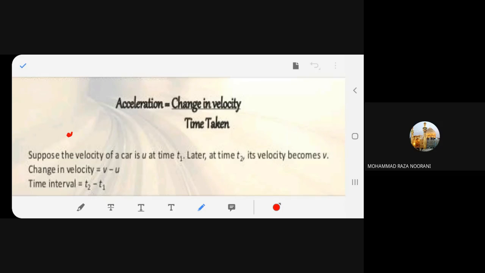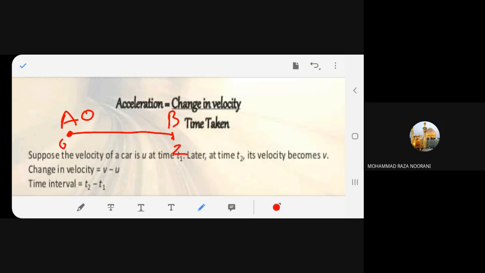Now a body is moving from here to here, right? This is A and this is B. The time is 0, the time is 2 hours. Is it clear now? Change in velocity, obviously this is initial speed, it is at rest, so the velocity has to be 0.